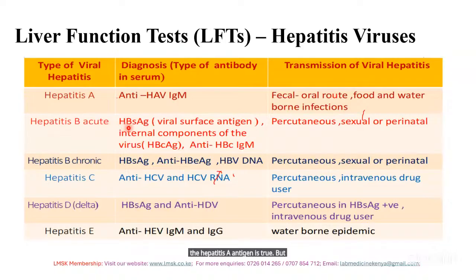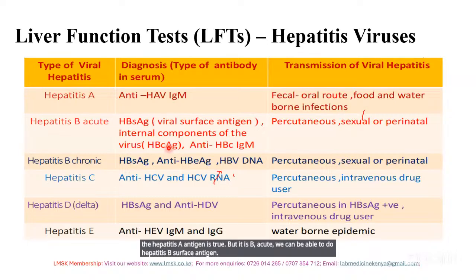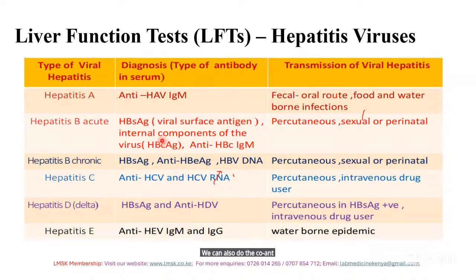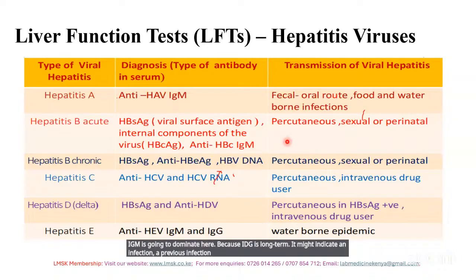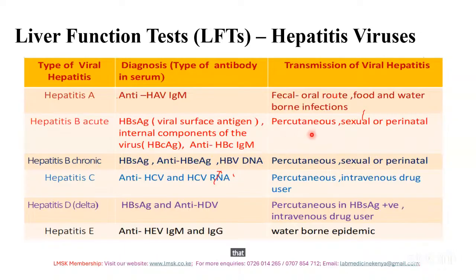Hepatitis B acute, we can do hepatitis B surface antigen. We can also do the core IgM. IgM is going to dominate here because IgG is long-term. It might indicate a previous infection, not a current infection that the patient is suffering from.